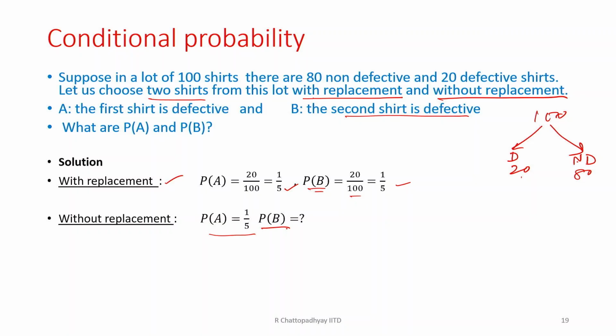But what is going to be P(B)? Second shirt is defective, there is a question mark here, because what will happen to P(B) depends on what has happened in the first draw. So this answer depends on what has happened earlier.